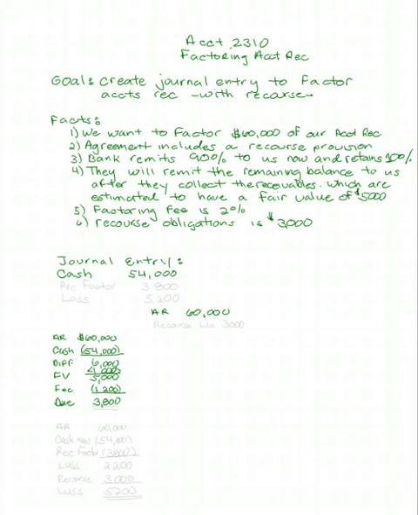So we have a receivable from our factoring agent, our bank, in the amount of $3,800. We also have a recourse obligation that needs to be booked. So we'll call that a recourse liability, where we might in fact owe the bank another $3,000. So we'll record that as well.